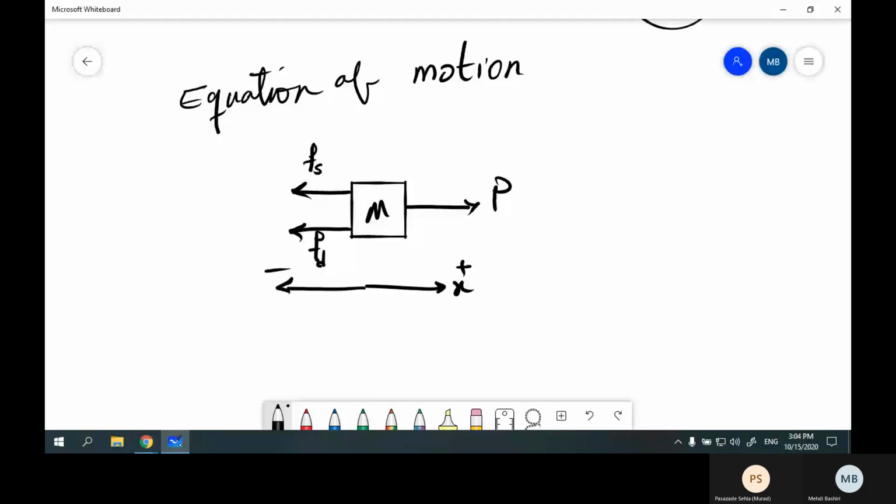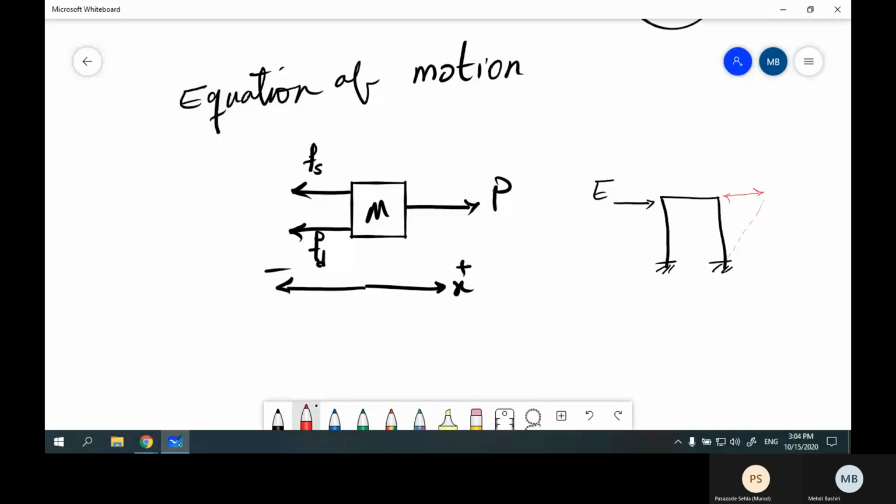If we want to find the response of the structure, what is the response? For example, you have a force here, earthquake force, and if I ask you to find the displacement of the structure after the earthquake, you have a displacement like this.